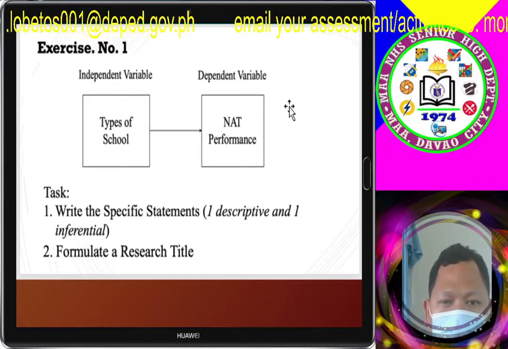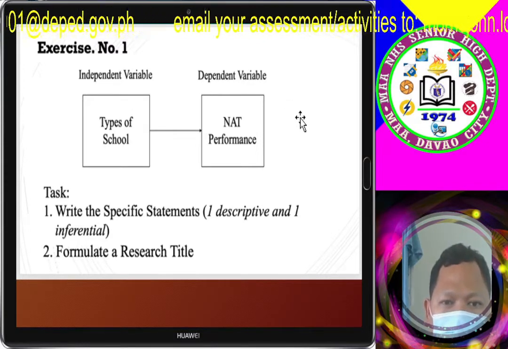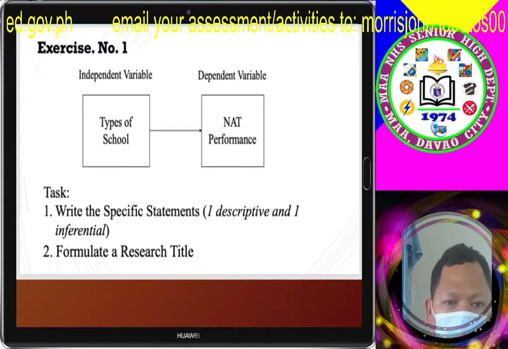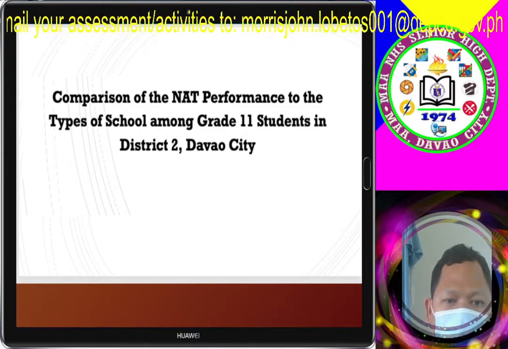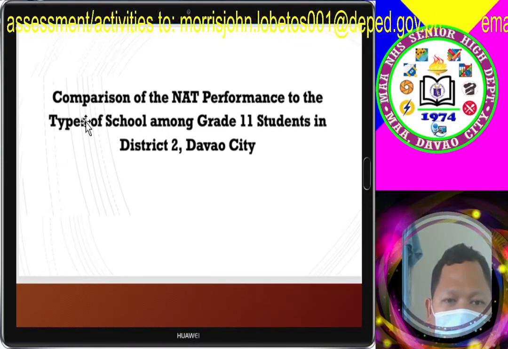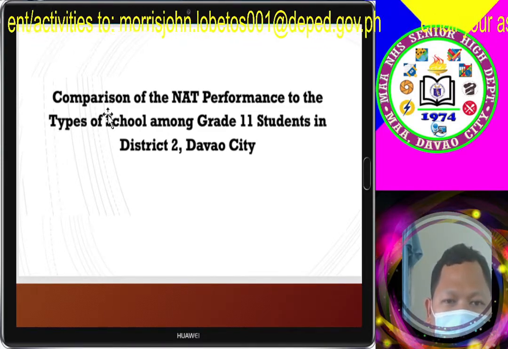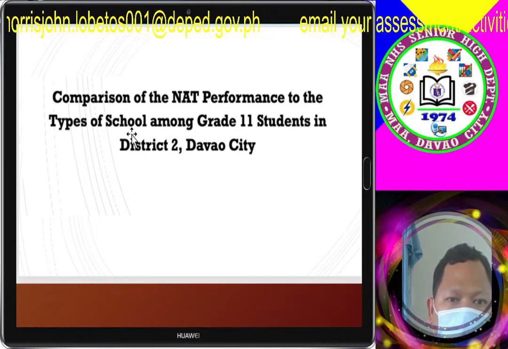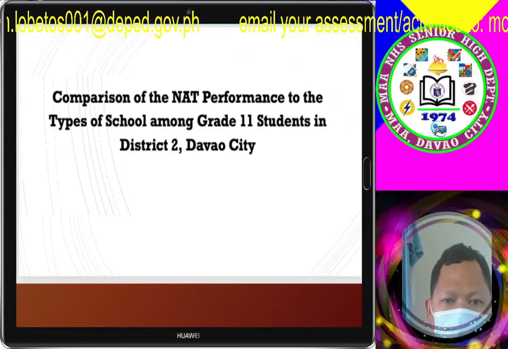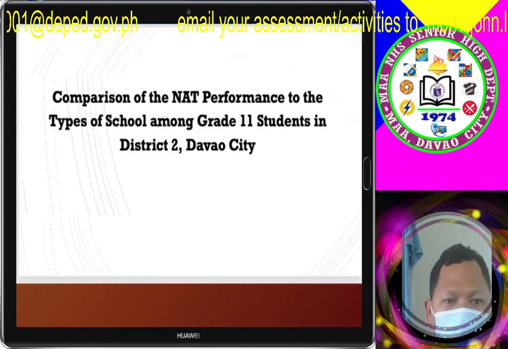Do not forget that. I hope you get it. Next, for example, this is the research title of the study: Comparison of the NAT Performance to the Types of School among Grade 11 Students in District 2, Davao City.